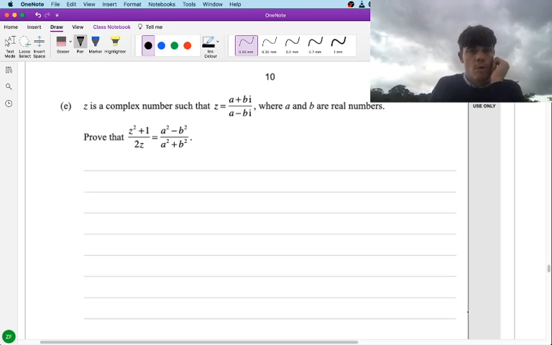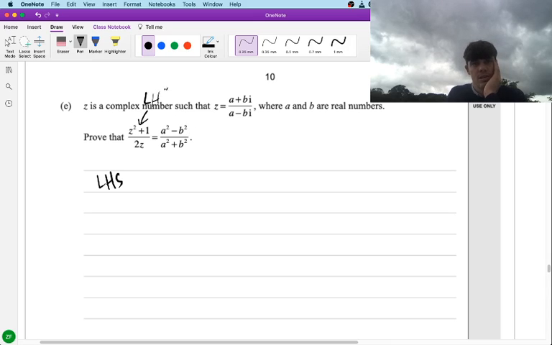So, what we're going to do here is, in NCEA they like us to start with one side. LHS just stands for the left hand side, which means we're dealing with this bit here. And we're going to deal with that until we get our right hand side.